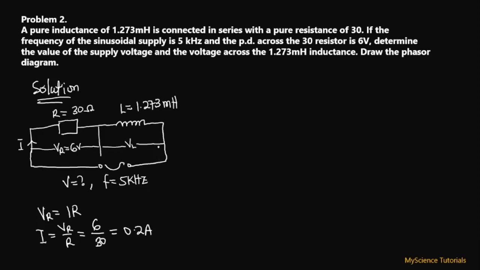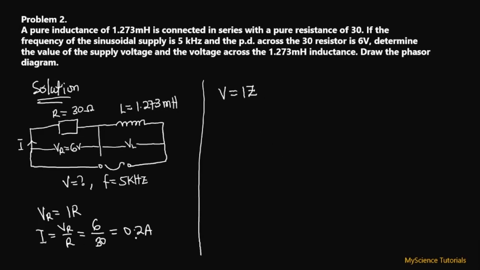Now, the next thing we want to do is to find the supply voltage. For us to find the supply voltage, know that it is given as V equals IZ, where Z is the impedance of the entire circuit.